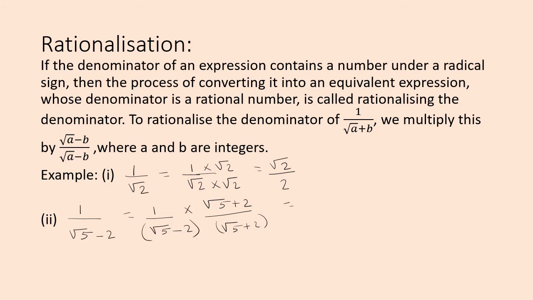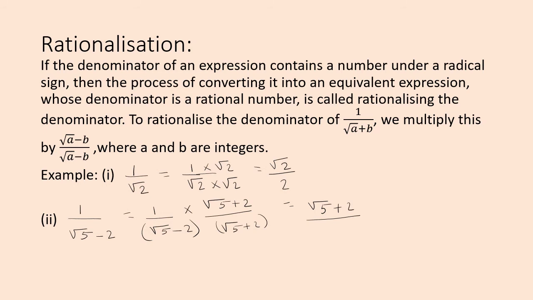So that is equal to 1 multiplied by root 5 plus 2, that is root 5 plus 2 upon, now, root 5 minus 2 multiplied by root 5 plus 2.